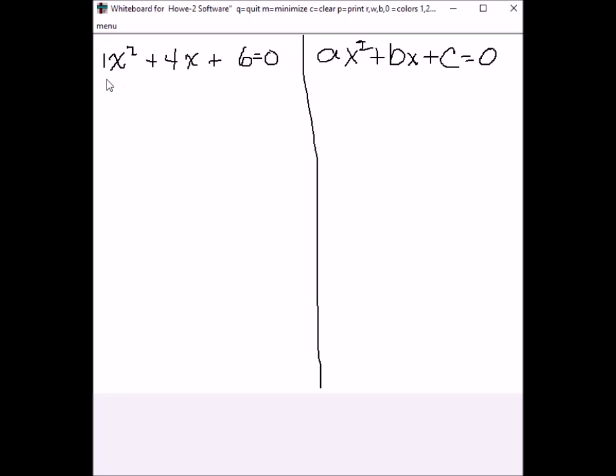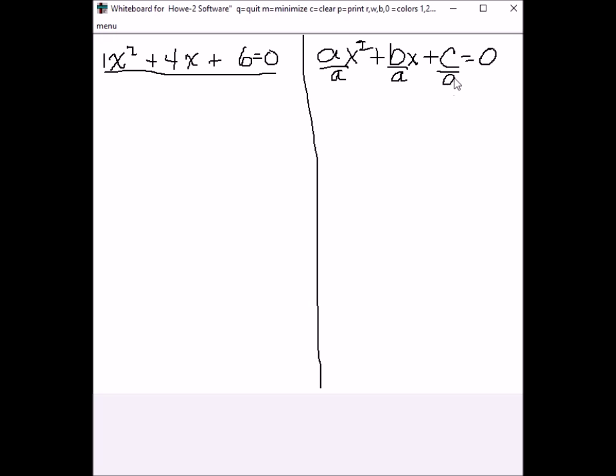Well, this problem that I made up, which is sort of like the ones we've already done for completing the square, is a lot easier than this one because of this a. Is there a way I could get rid of this a? This is going to stand for any quadratic equation that I can get. I could divide through by a, couldn't I?